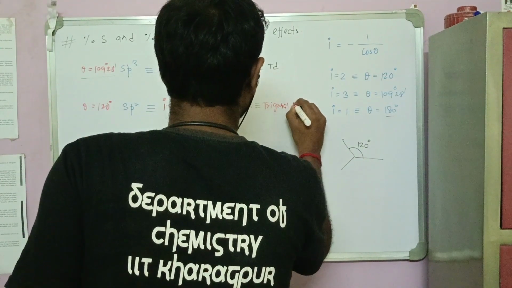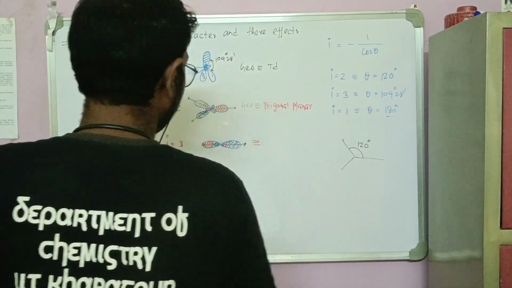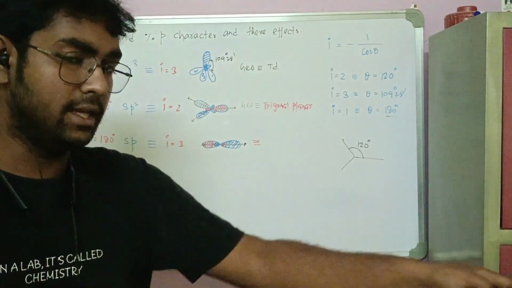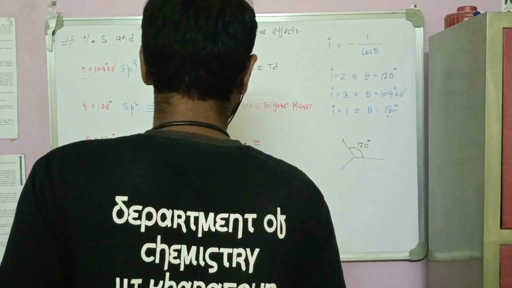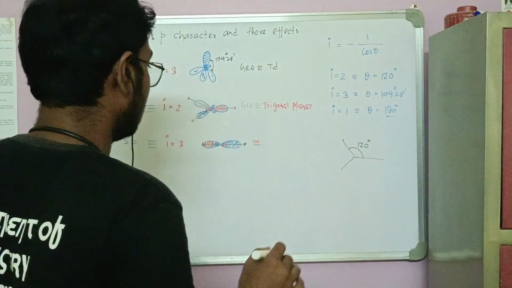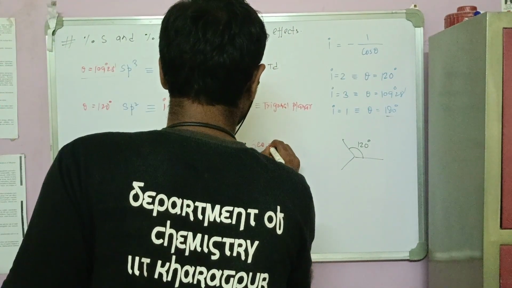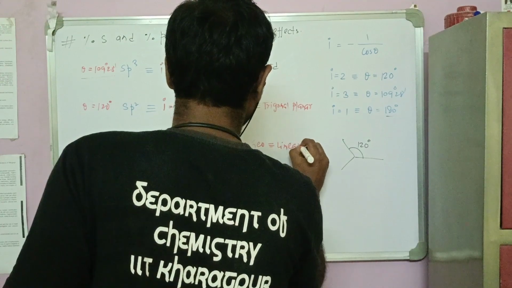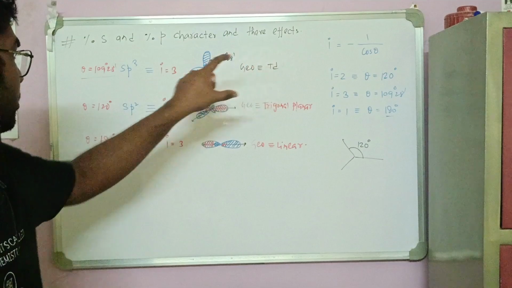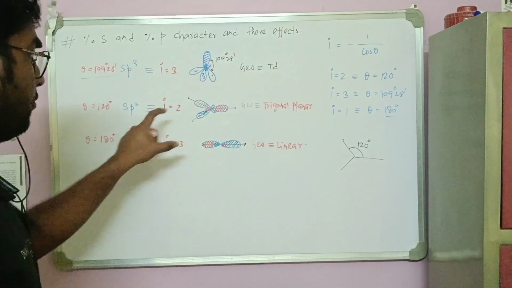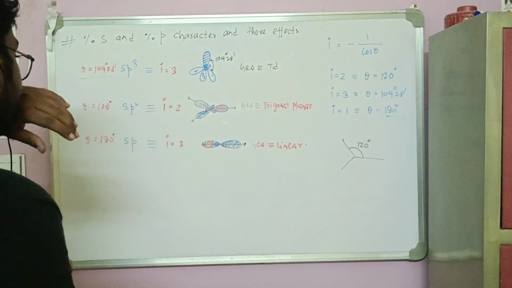And for sp, you can see it is linear, lying on a particular axis. So the geometry of sp is basically linear. So the geometry for sp3 is tetrahedral, for sp2 it is trigonal planar, and for sp it is linear, along with the corresponding i values and theta values.